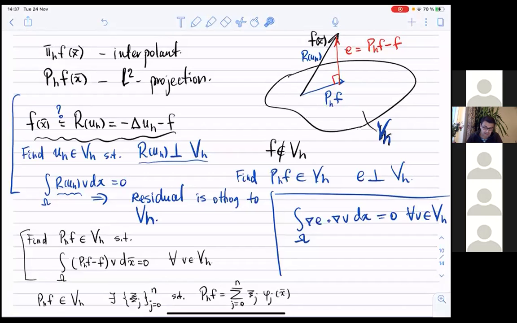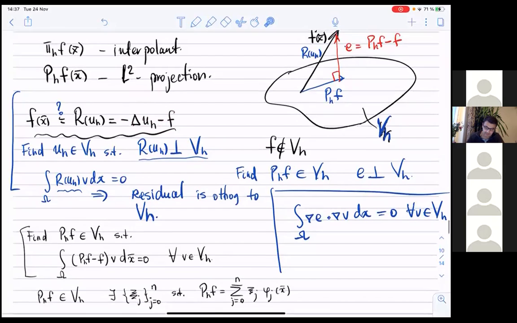So he said the easiest way of constructing this function space is to take the residual and take the L2 projection of this residual to the finite element space. So this formulation and the Galerkin formulation that we wrote below are equivalent. So that's what I wanted to emphasize here.